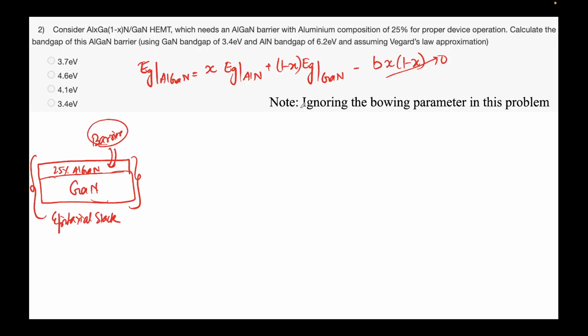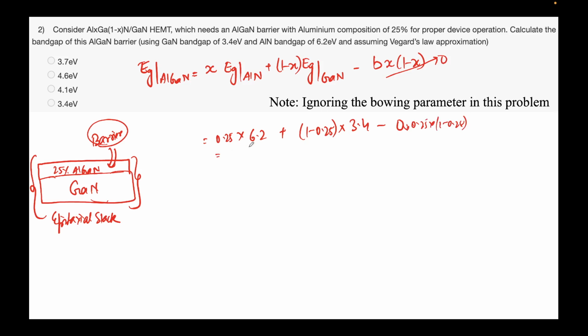Okay, right. So now let's just put all the terms here. The value of x is 25%. So x is 0.25 times Eg of aluminum nitride, that is given as 6.2, plus 1 minus 0.25 times the band gap of gallium nitride, that is 3.4, minus 0, because b is 0, and x is 0.25 into 1 minus 0.25.